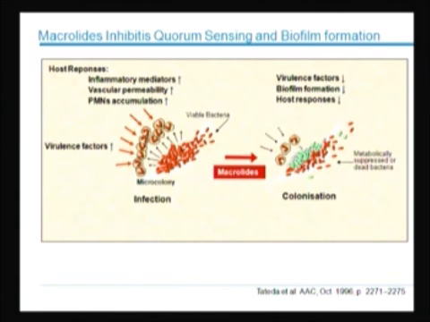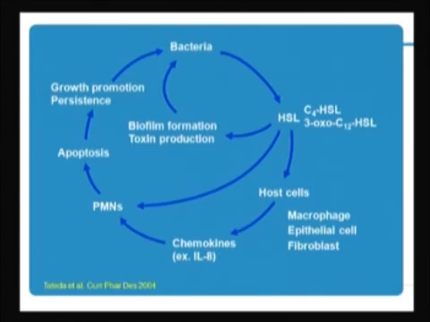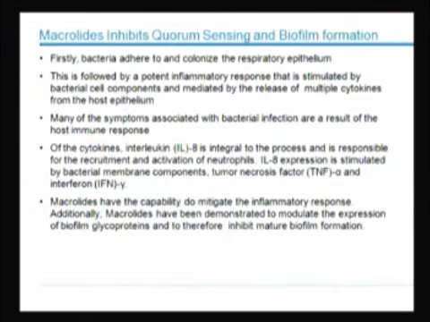By that, it adds a benefit of reducing the virulence of the bacteria. And this is the same concept where you have this circle of liberation by the macrophage and epithelial cell of chemokines, which attract the neutrophils and amplify the inflammatory process by the bacteria. And this is how the macrolides will interrupt this cycle.